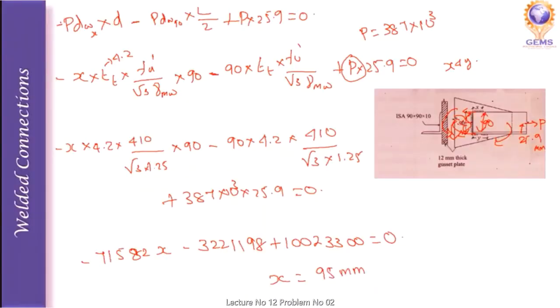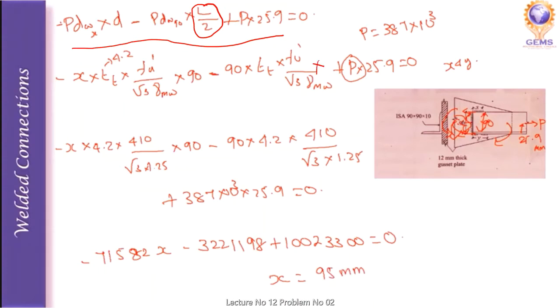Before we go into the video, a small correction in the previous video lecture series on the welded connection. The final problem that I taught you, I took the moment correctly, but while substituting the values, I missed this L by 2 value over here.